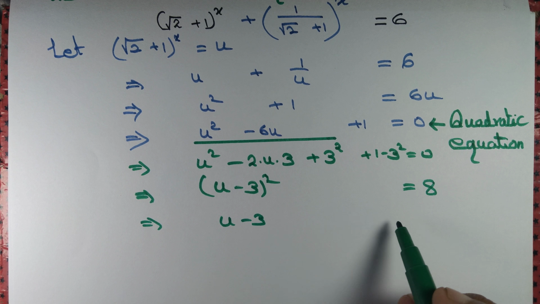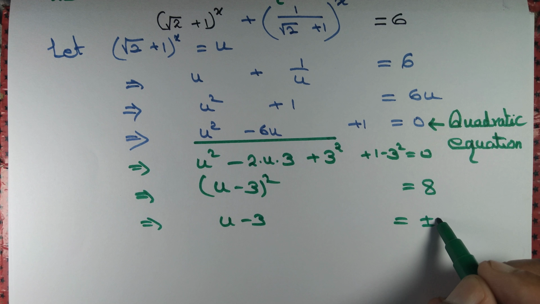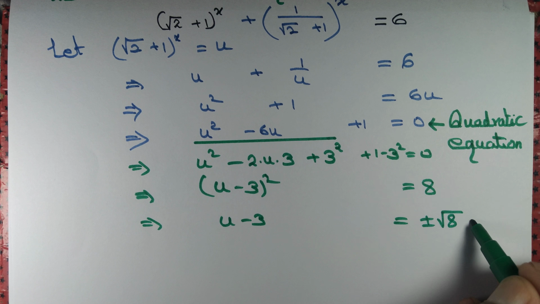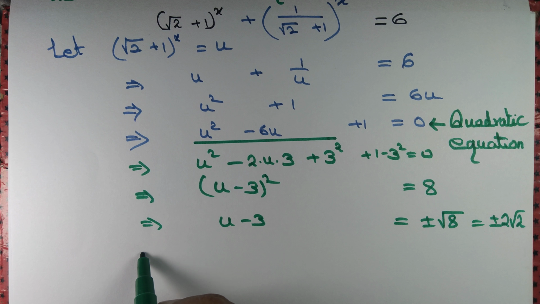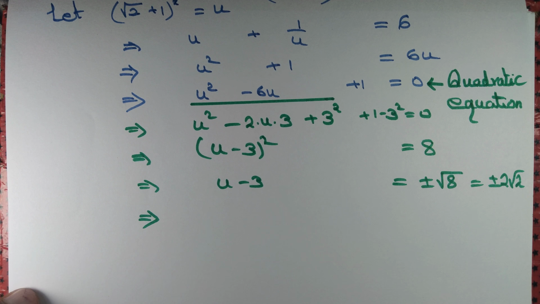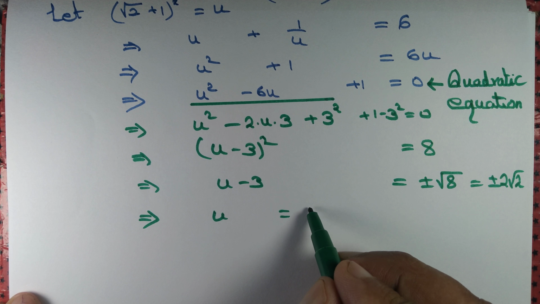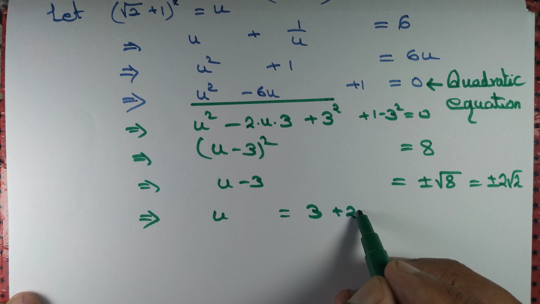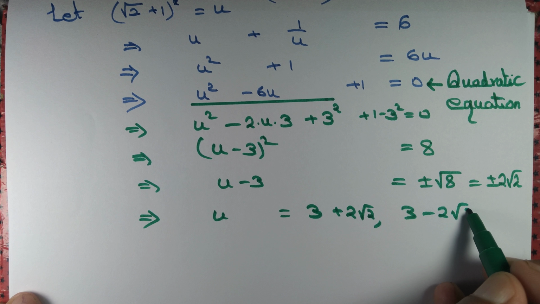Therefore u minus 3 equal to, when we take root to both sides, plus minus root 8, that's equal to plus minus 2 times root 2. From there we conclude that u equal to, if I add 3 to both sides, 3 plus 2 root 2, comma 3 minus 2 root 2.